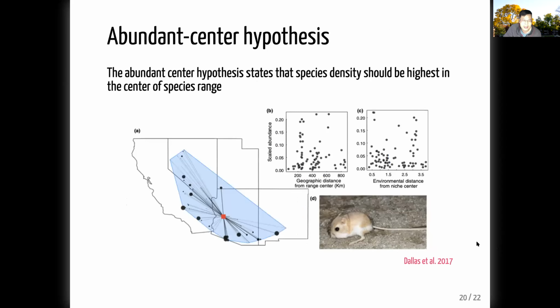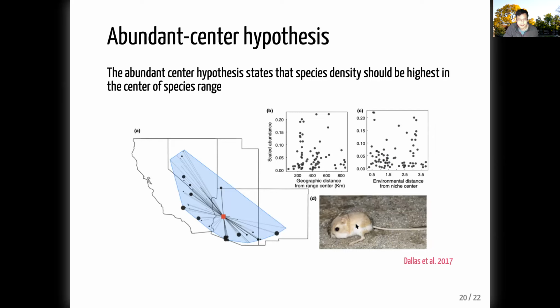And then we can talk about one important hypothesis, the abundance center hypothesis, which states that species density should be highest in the center of the species range. So here is one example taken from Tad's paper.